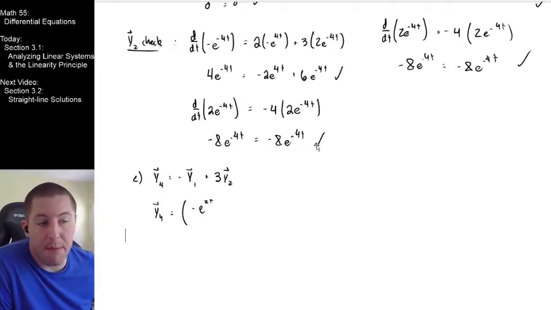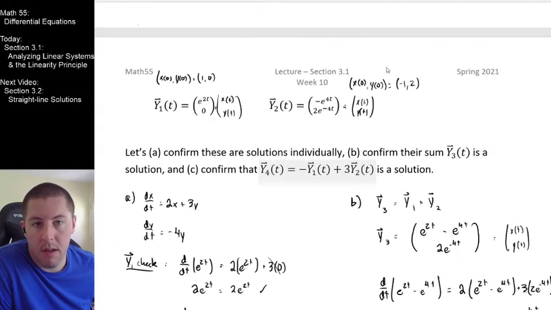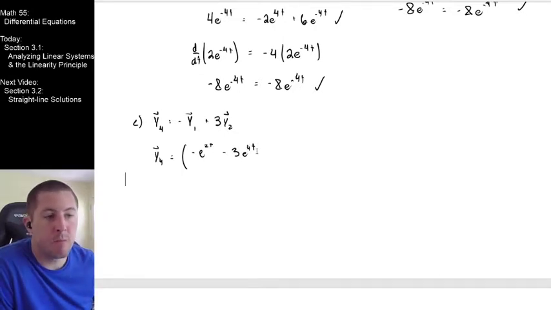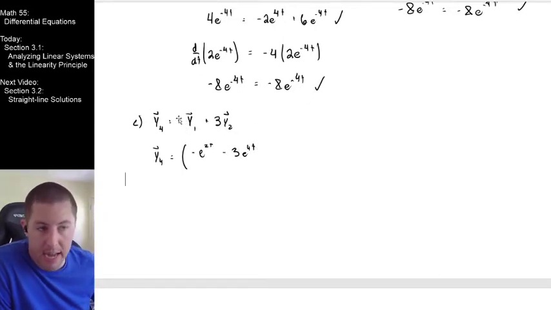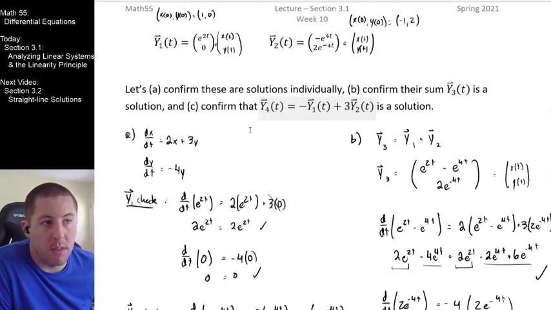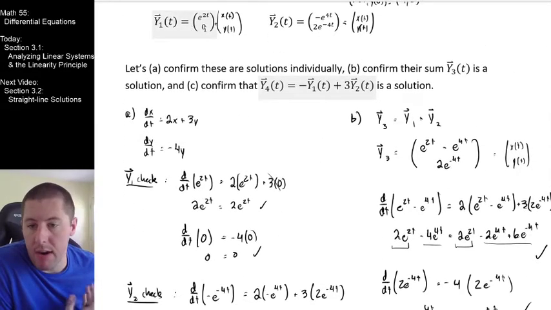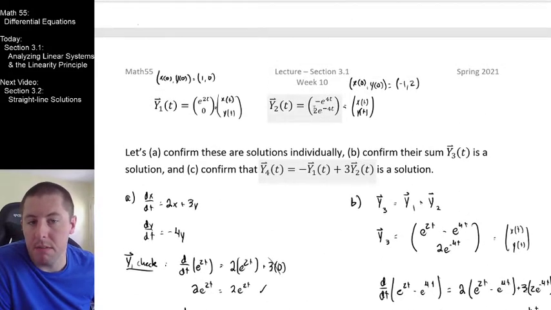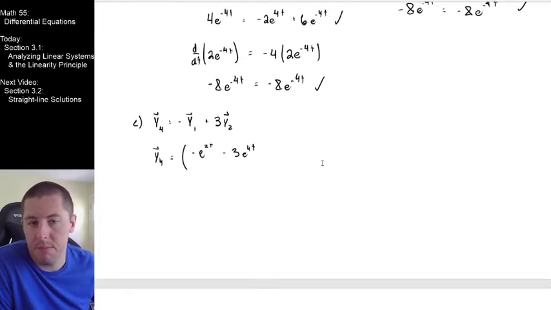I'm going to get 3 copies of y2's x component, which is going to give me a negative 3e to the 4t. We're also looking at taking the negative of y1's y component. So that's the negative of 0, so that remains 0. Finally, we're looking at 3 copies of y2's y component. 3 copies of 2e to the negative 4t, so we're going to get 6e to the negative 4t.